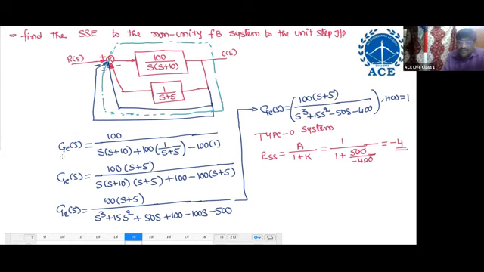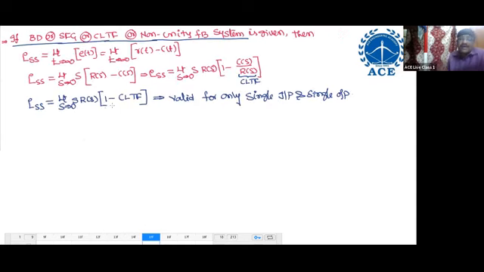Instead, directly find the closed loop transfer function, use this formula, and directly get the answer.